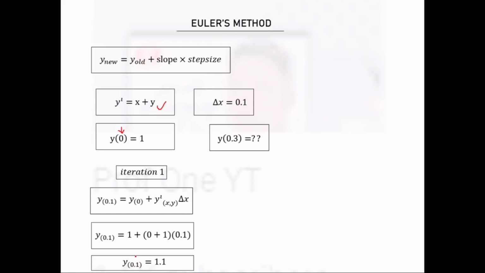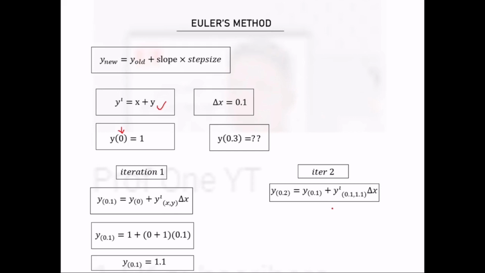Then, because you're going to take 3 steps, you're going to do 3 iterations. In the second iteration, what are you going to do? We are finding the new value at 0.2. Now we are going to find the value of y when x is 0.2. Then we are going to take y old. In this case, y old has changed, because from the previous one we had the initial condition, but now we've gotten another condition that states that when x is 0.1, y is 1.1. Therefore, we are going to do some substitution here, because y old is now at x is 0.1, so you're going to get 1.1 plus.